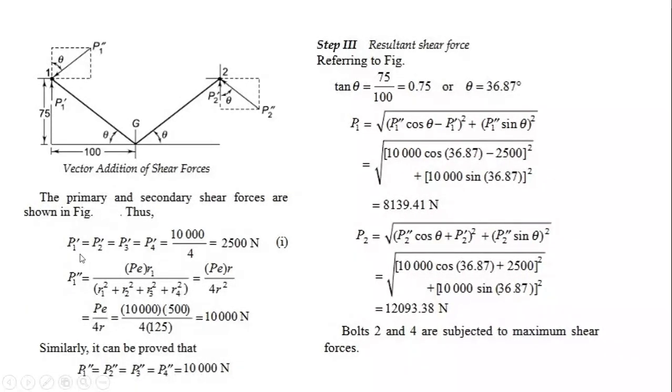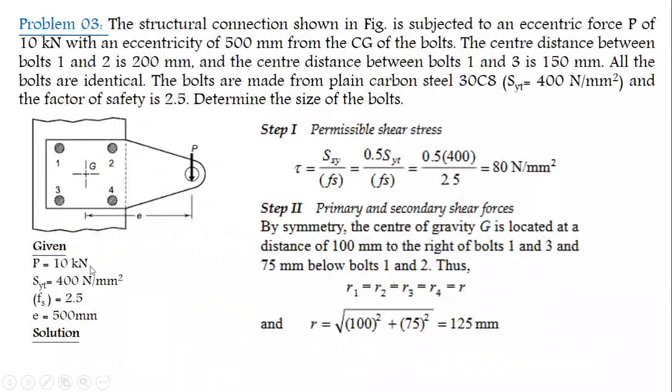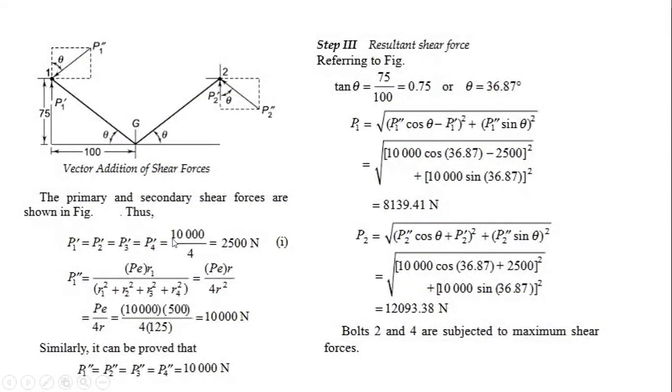The primary shear forces are all equal: P1 dash equals P2 dash equals P3 dash equals P4 dash. The load is 10 kilonewton, that is 10,000 Newton, divided by 4 because the number of bolts is 4, so the load is shared equally. We get 2,500 Newton.